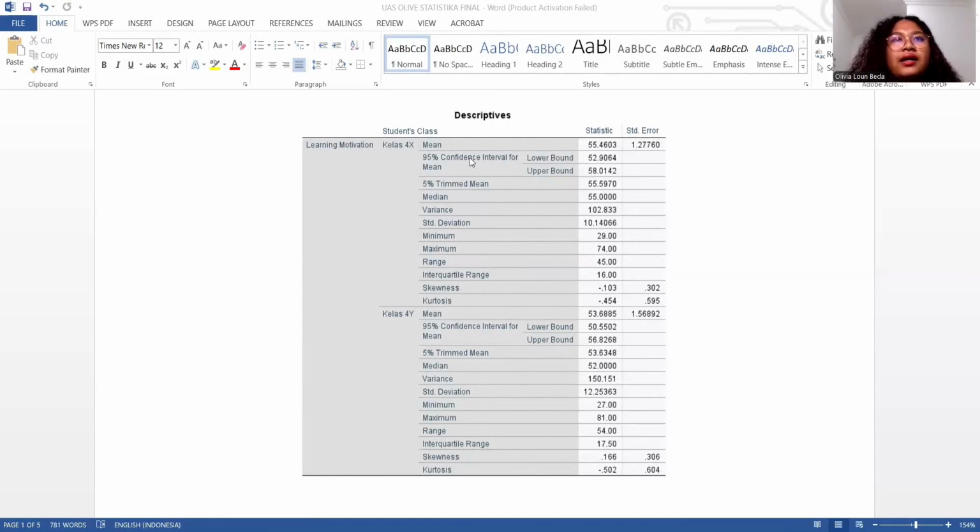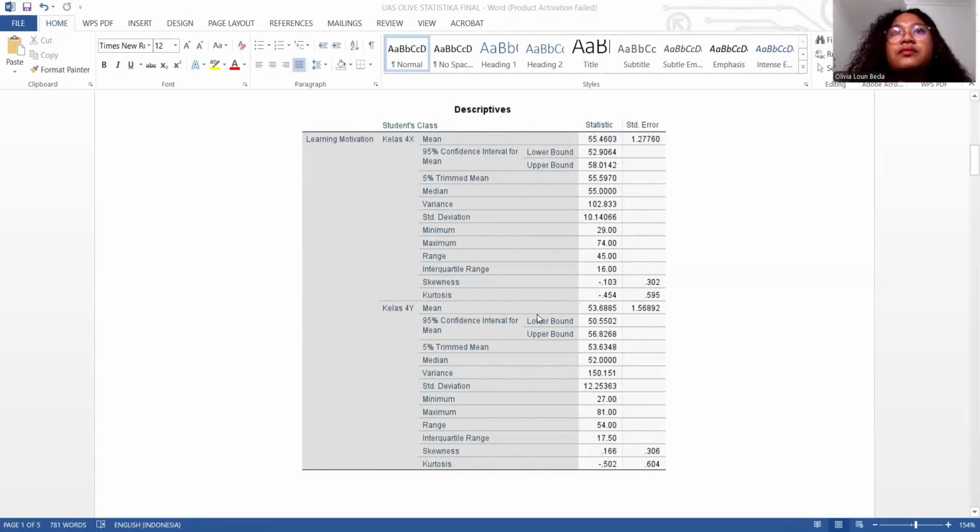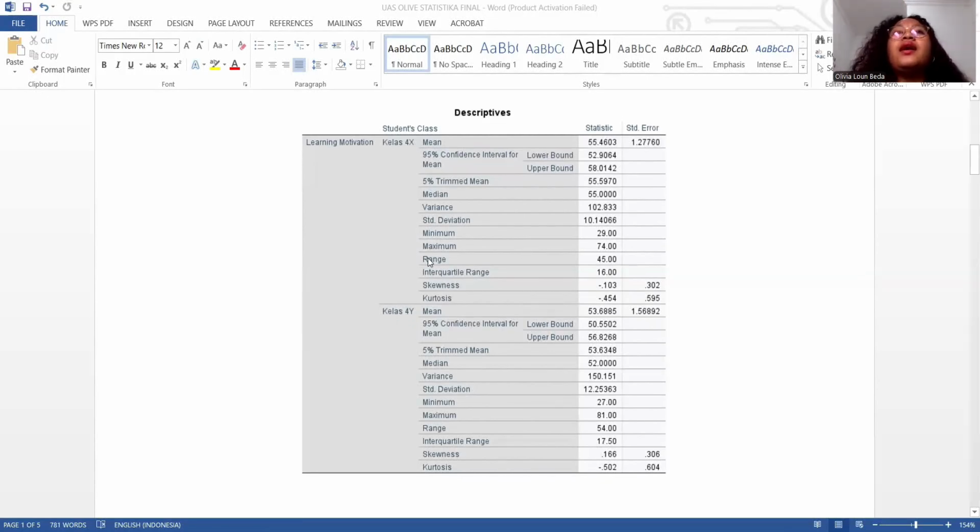In class X, the mean is 55.46, and for class Y it is 53.68. It's only about a two-point difference, if I'm not mistaken. So the mean of class X is higher than the mean of class Y.